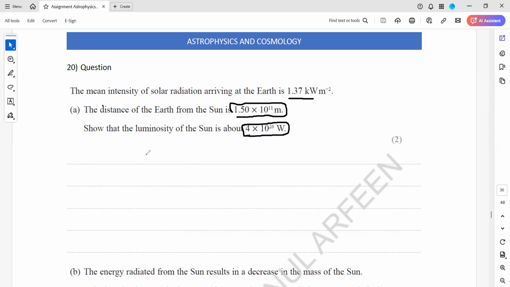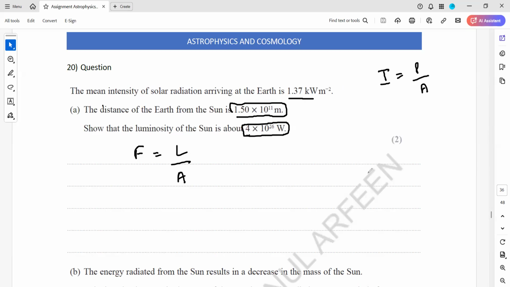So if you want the luminosity, what is the formula for the luminosity? We have the formula that flux is equal to luminosity over area. It's the same formula as intensity is power divided by area. Okay, so flux is luminosity over area.